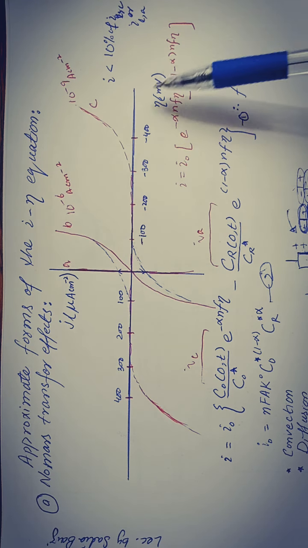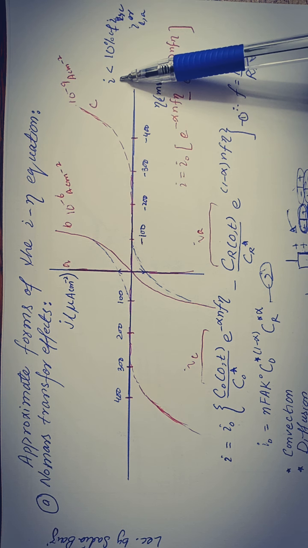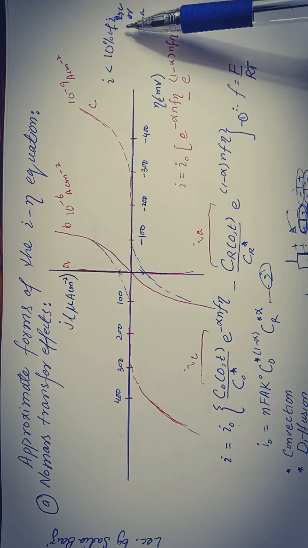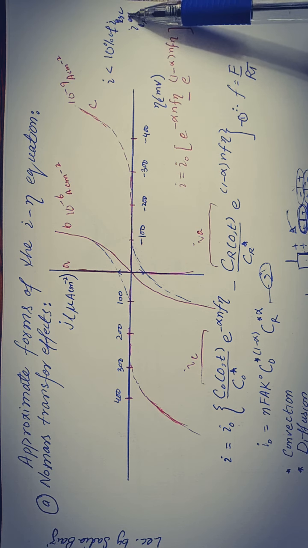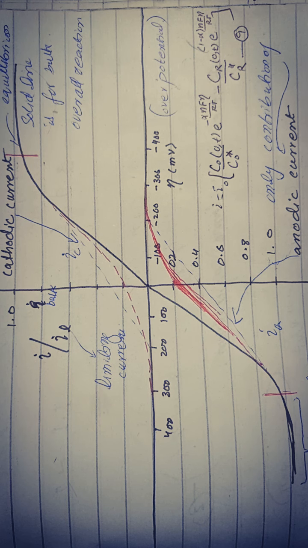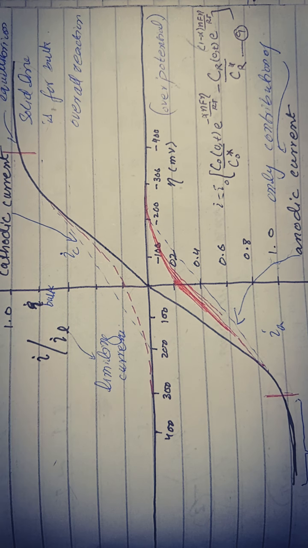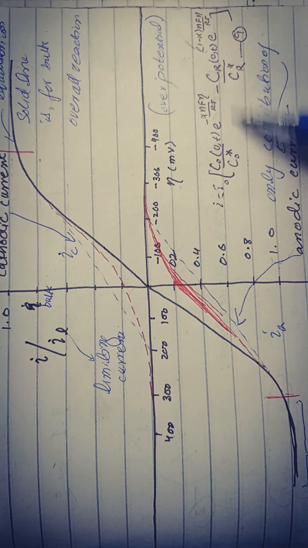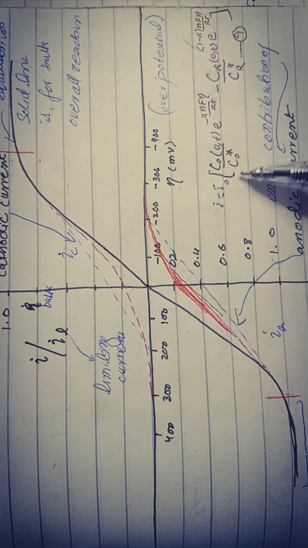For the condition when the current is less than 10% of the total limiting cathodic or limiting anodic current. So let's see the picture for the approximation of the current over potential equation, that is the Butler-Volmer equation.